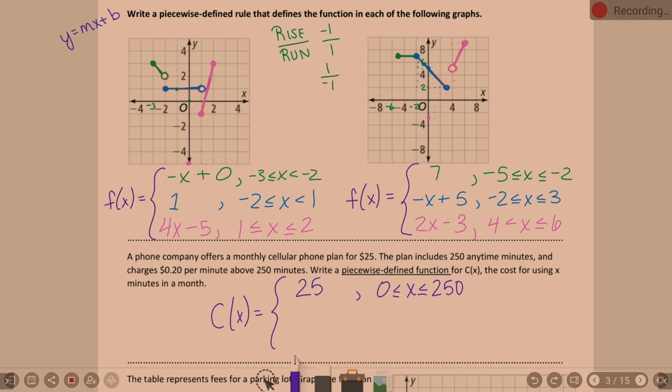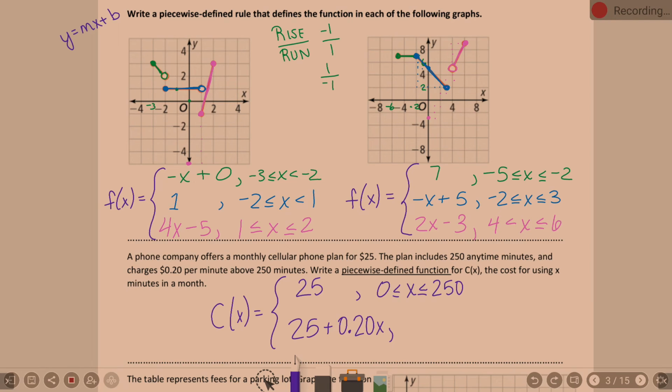That hasn't changed. And I'm actually going to write it the other way than Savannah said it, but it doesn't matter. So it's going to be the $25 cost plus 20 cents per minute. How many minutes? Just x. So I'm going to say 0.20x. Or you can just say 0.2x. Now, Savannah had said 0.2x plus 25. That's equivalent, right?